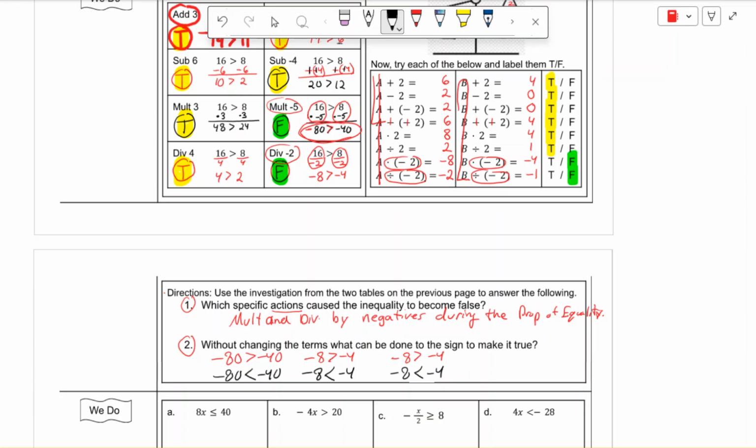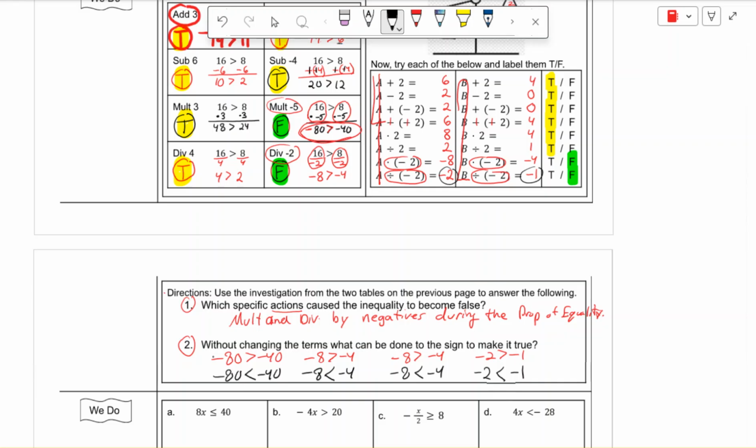And our last one was -2, -1. The sign was this way because it was saying that the A side of the scale was heavier. And so that's not true. And so if we leave the -2 there and the -1 there, we could reverse the sign to make it true.